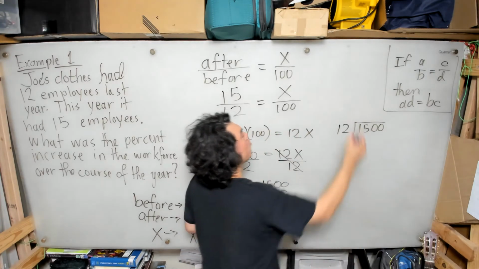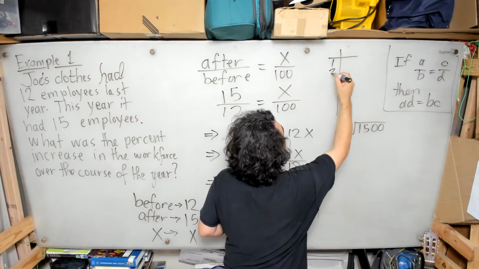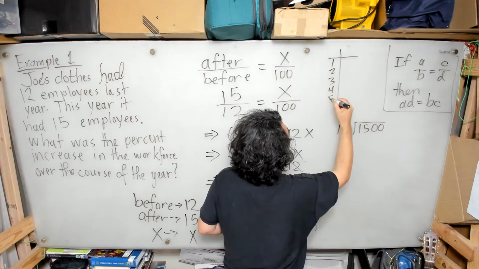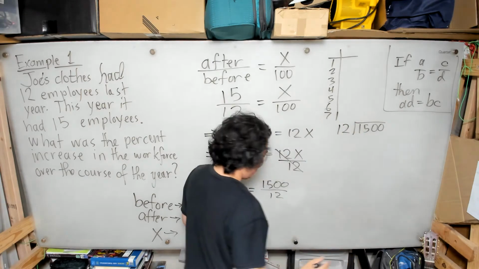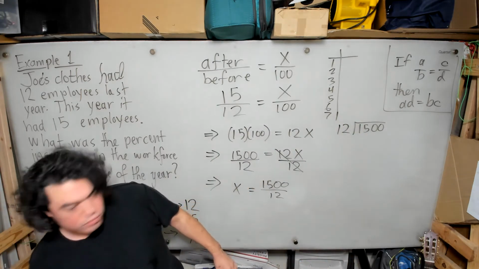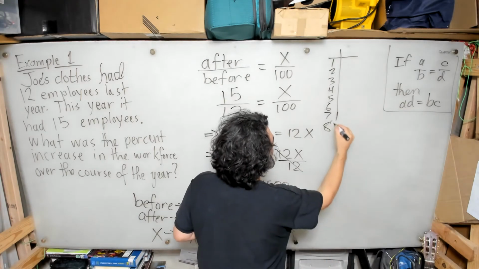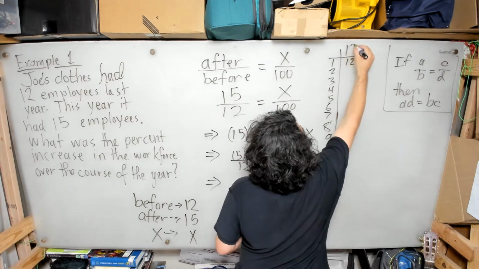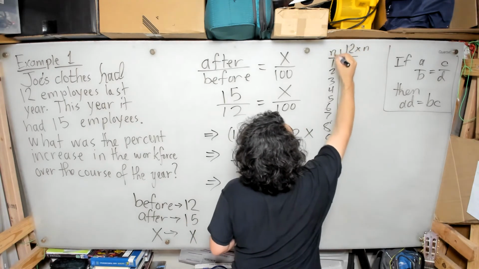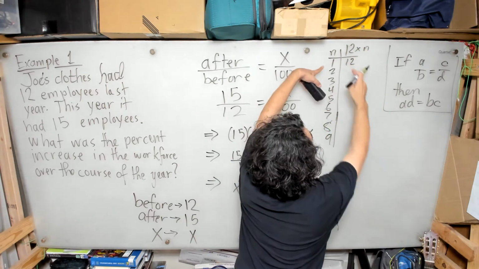To make our multiplication table, all we have to do is repeatedly add 12 to itself. 1, 2, 3, 4, 5, 6, 7, 8 and 9. So this is going to be 12 times n, where this is the n. Obviously, 12 times 1 is just 12.